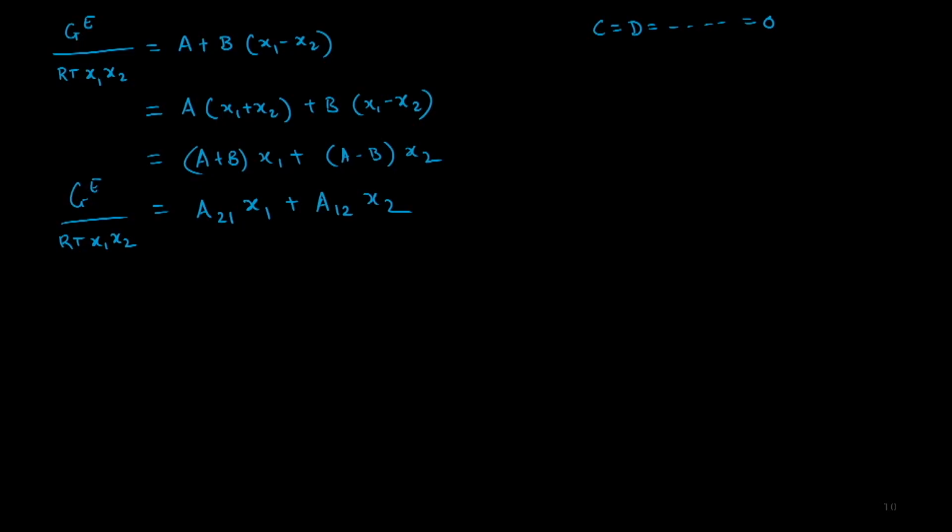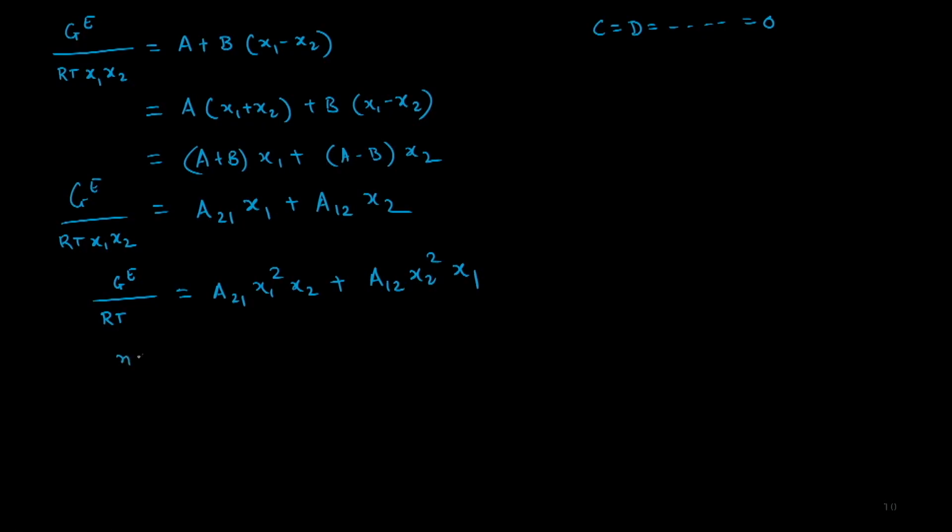Now we want to get the activity coefficient for this particular model. So what we need to do is first get the partial molar quantities out of GE by RT. And GE by RT will be A21 x1 squared x2 plus A12 x2 squared x1, right? Well, this is still GE by RT, not nGE by RT.